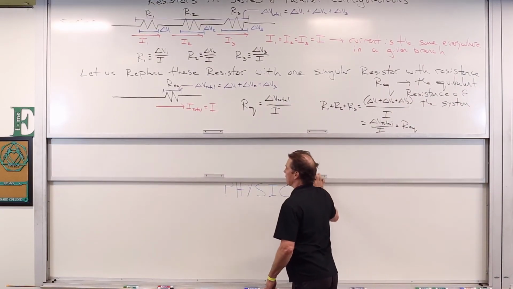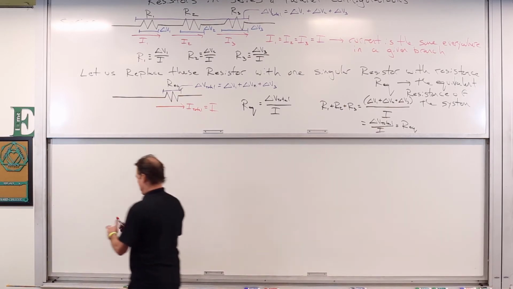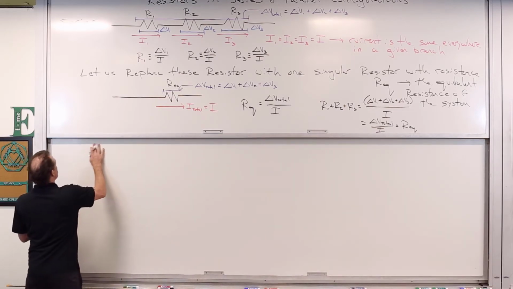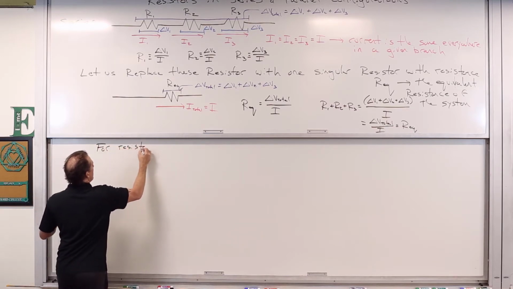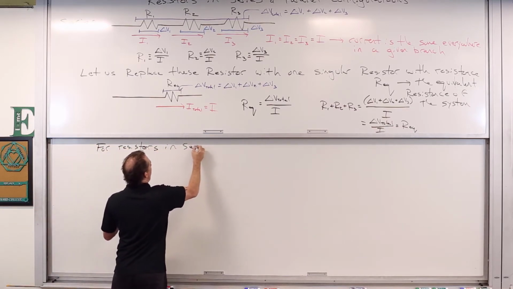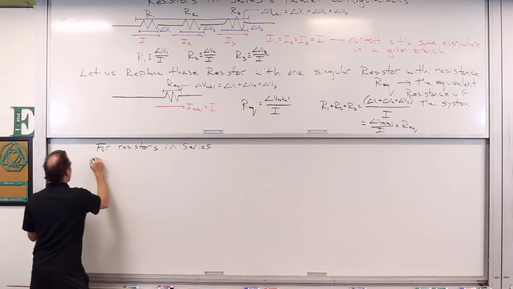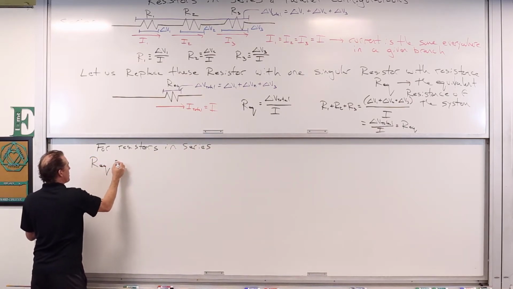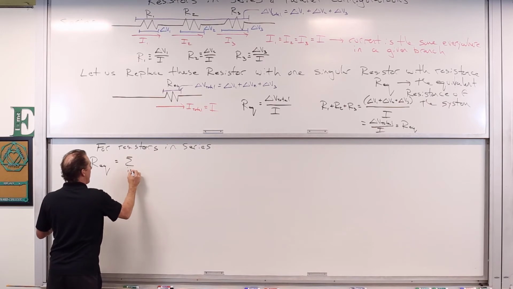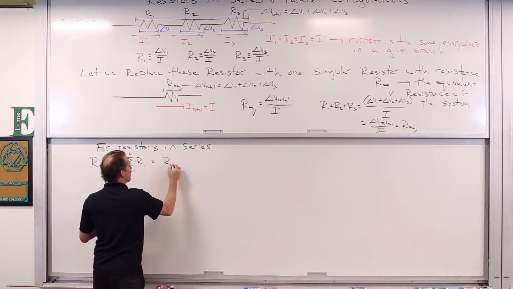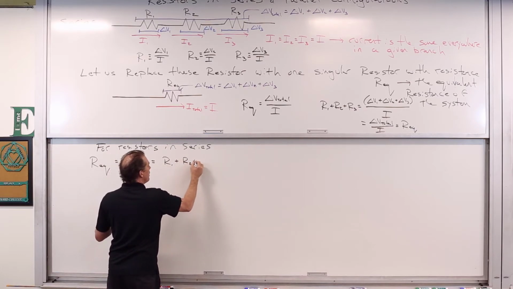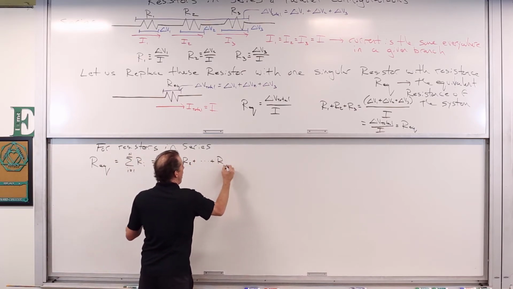So, for resistors in series, the equivalent resistance is equal to the sum from i equals 1 to n of R sub i, which is just R1 plus R2 plus dot dot dot plus R sub n.